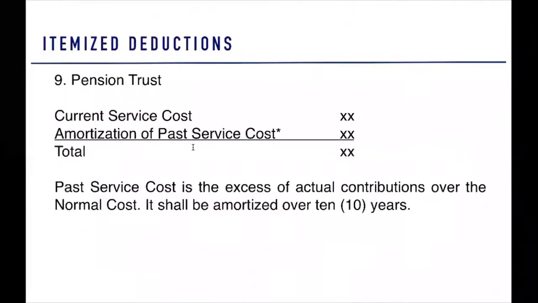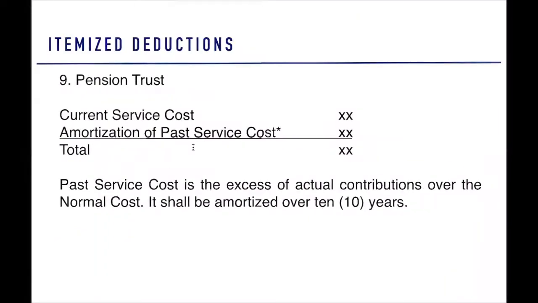We go now to your pension trust, the last item of our itemized deduction. So under pension trust, to compute for your total deductible pension trust, that is equal to your current service cost plus amortization of past service costs. How do we compute for your amortization of past service costs?